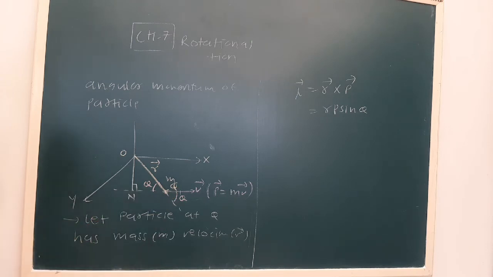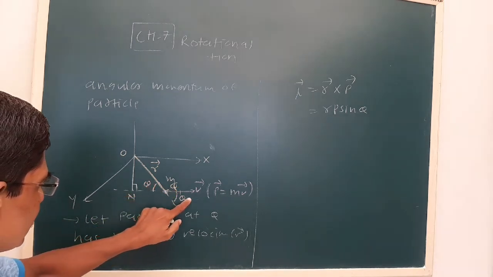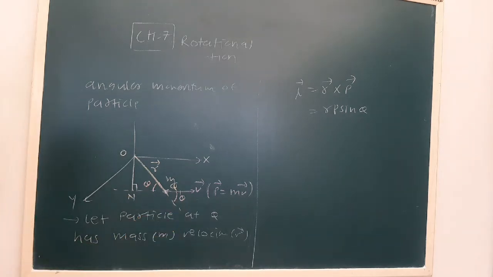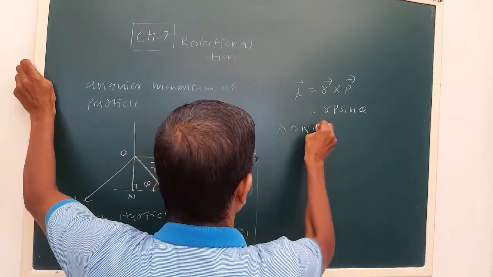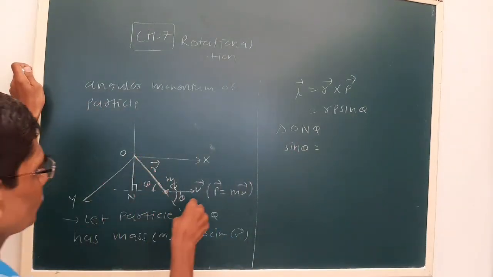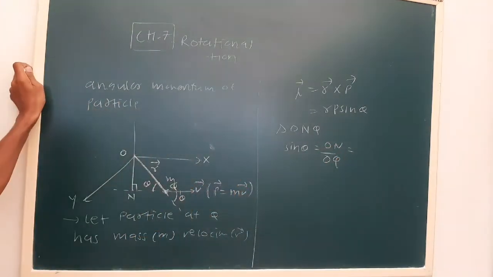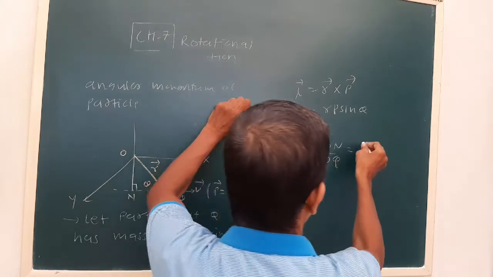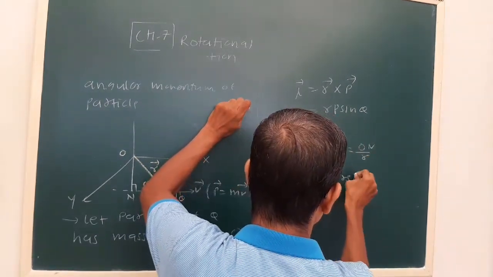Now in triangle ONQ, sin theta is ON upon OQ. OQ is the position vector R, so ON upon R. ON is R sin theta.